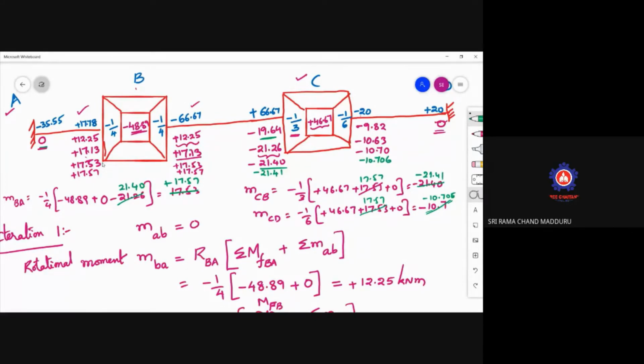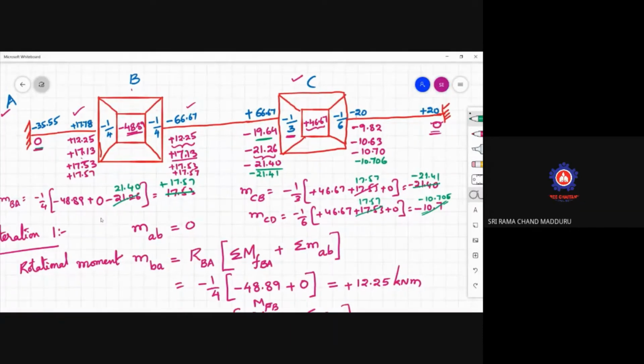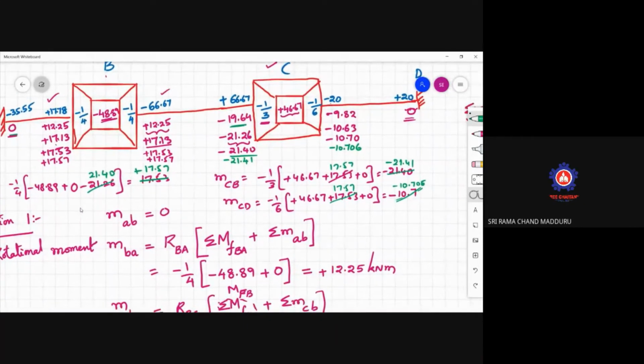You can see the closure values and we can stop our iteration here. At the fourth or fifth stage, you can stop your iterations and write down the rotational moment values. I will write down here: MAB is 0, MBA is plus 17.57, MBC is plus 17.57.